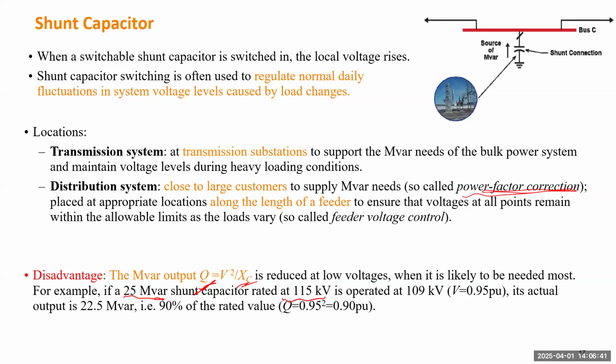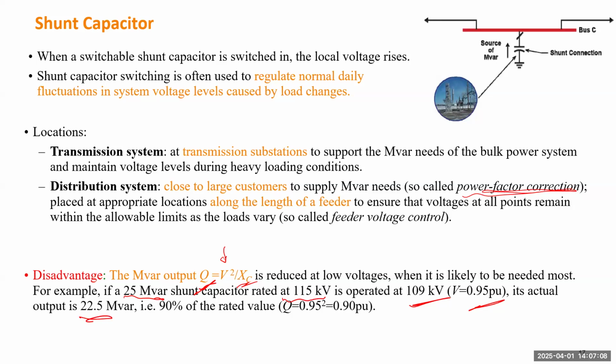If you connect it, it will make the voltage higher. What you really need this capacitor for is when your voltage is lower than that, for example 109 kV, which is 0.95 per unit. Then you plug this 0.95 per unit into this formula, and you only get 22.5 MVAR.